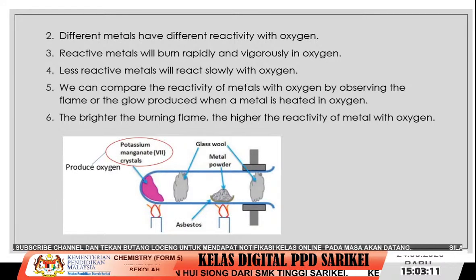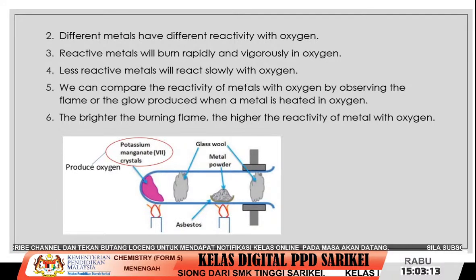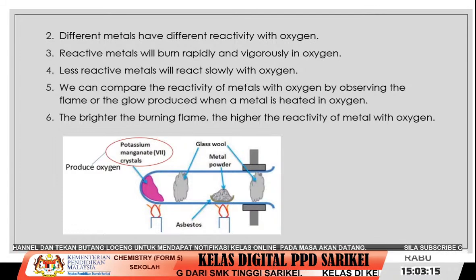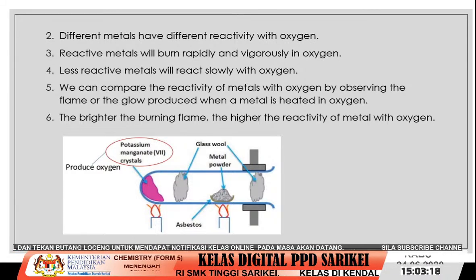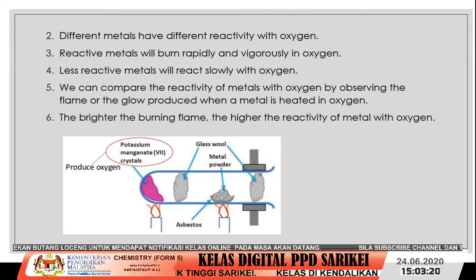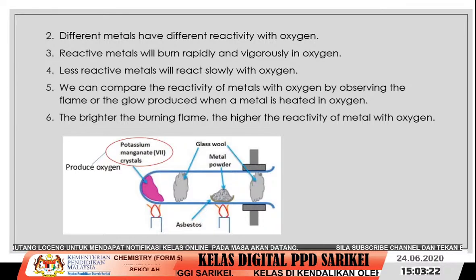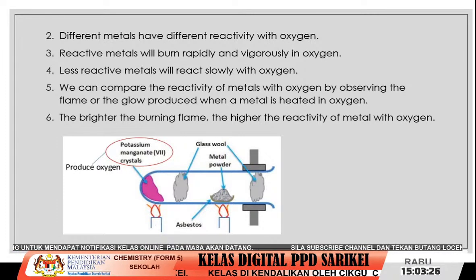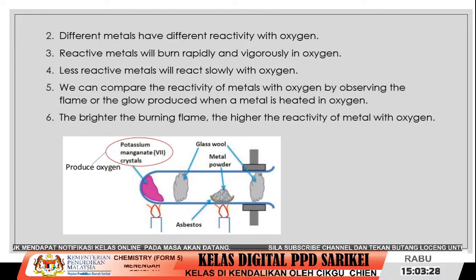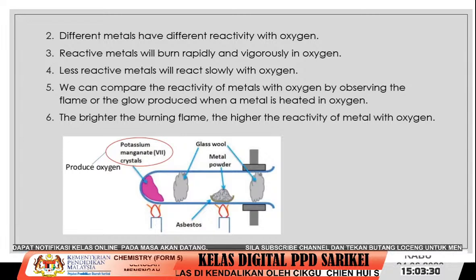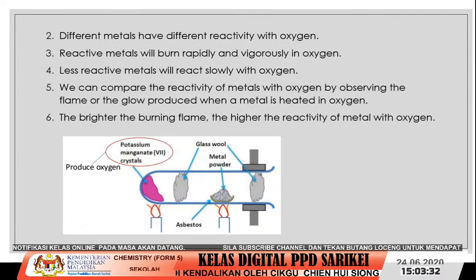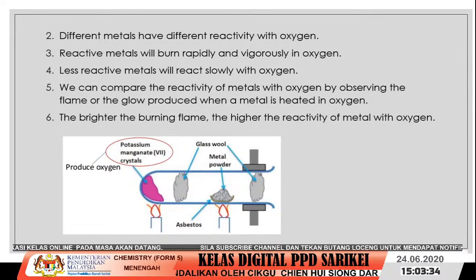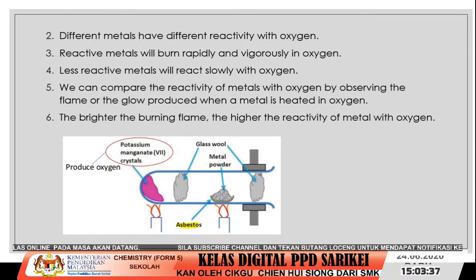This diagram shows the setup of apparatus we use in the lab activity to investigate the reactivity of metal with oxygen. About 2 spatula of metal powder are placed on a piece of asbestos paper.